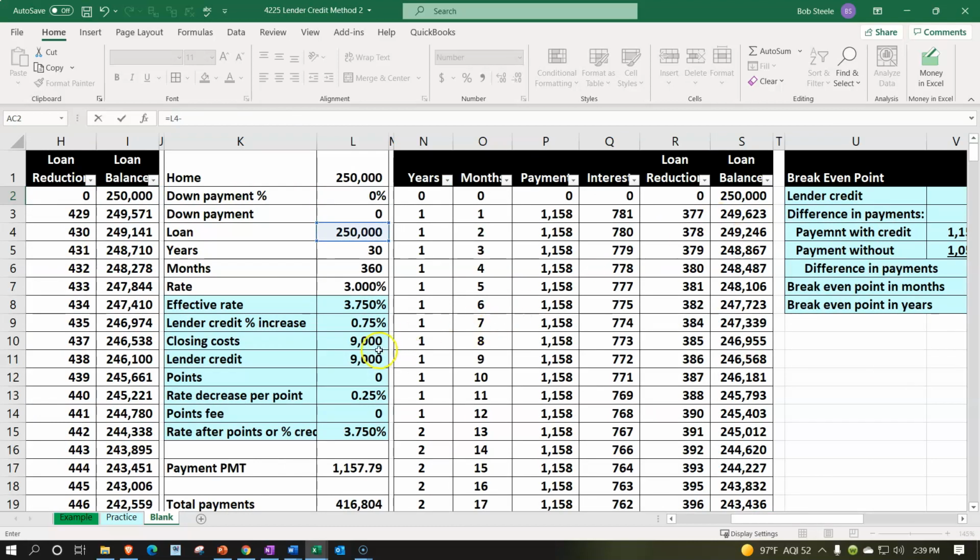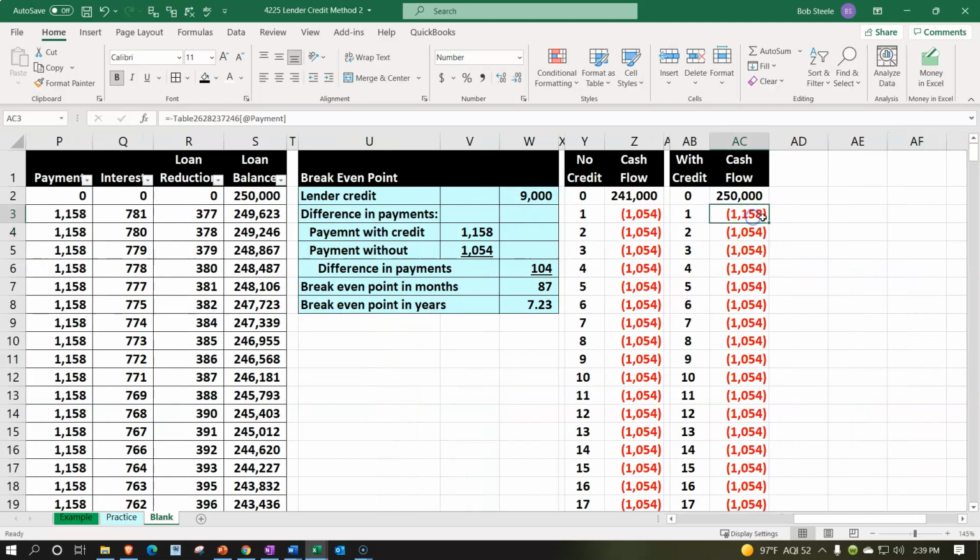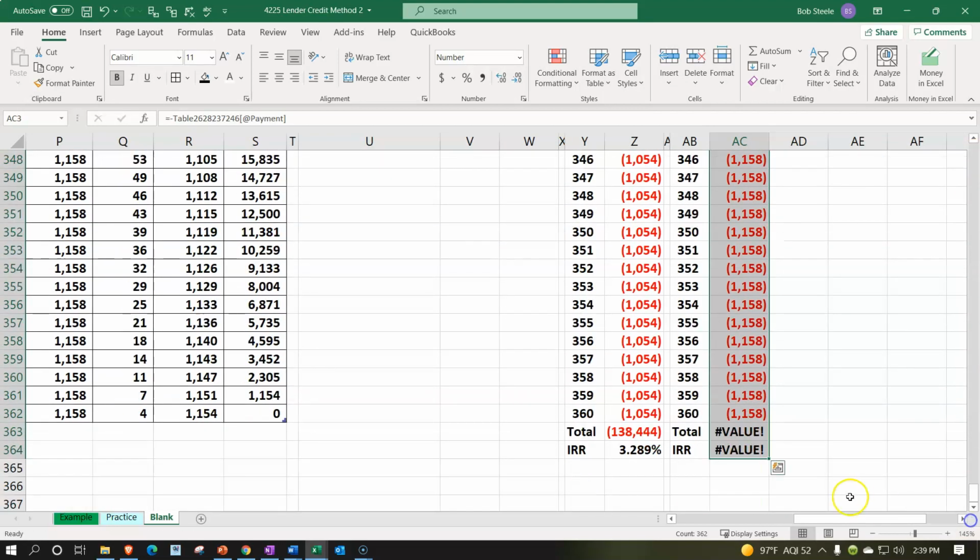You can imagine paying the closing costs, but then we got a credit for the closing costs, so that nulls itself out. So we're back to, in essence, just the loan amount of the 250. Then minus the payments, which are now the 1158, and copy that on down, and we have our same totals and the IRR.